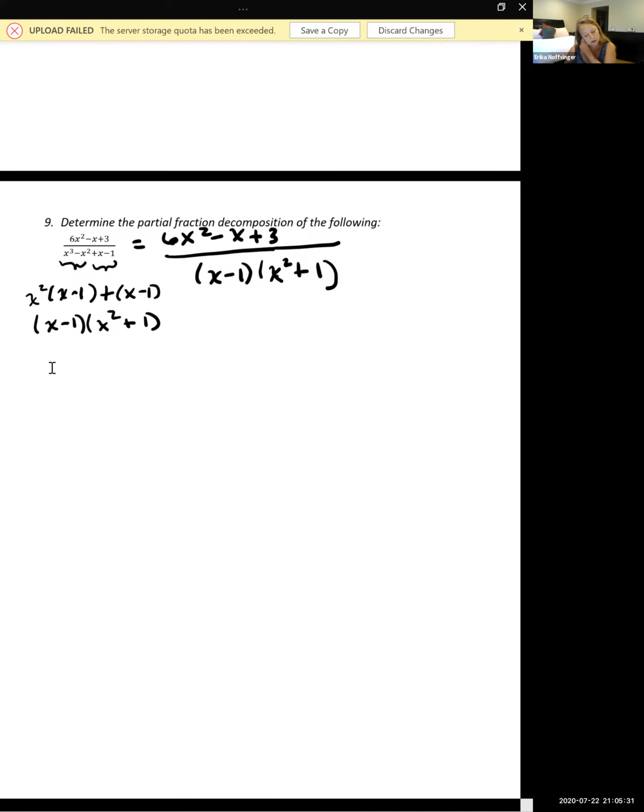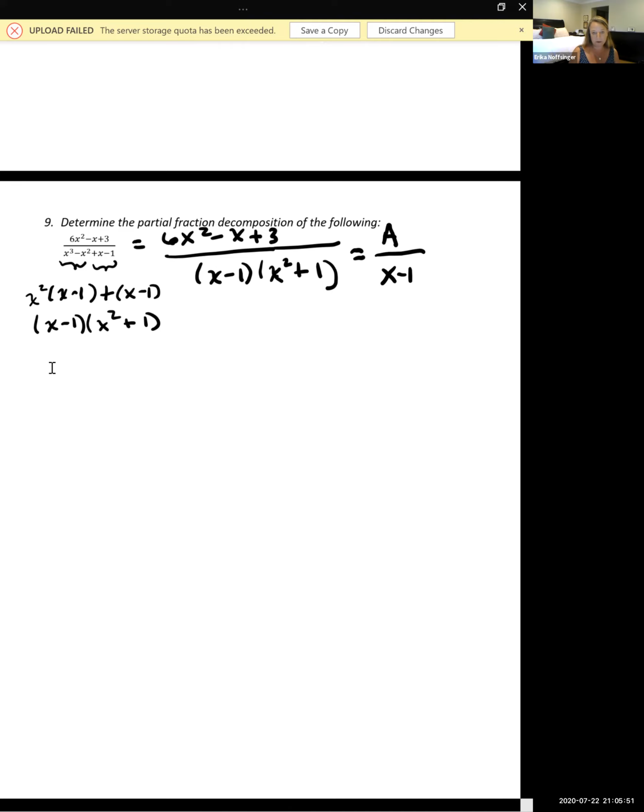So once you've factored this completely, depending on what type of factor you have, and whether it is repeating, depends on how you're going to rewrite this. I have x minus 1. This is not a repeating factor, so I'm going to rewrite this as A all over x minus 1.